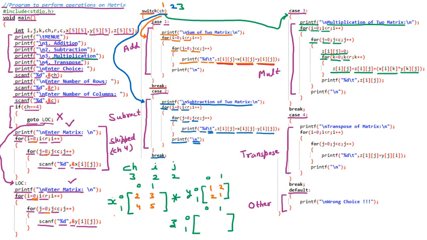First of all, the rows are multiplied with the columns. If I have to find the first element, how will I find it? I will multiply the first row with the first column.